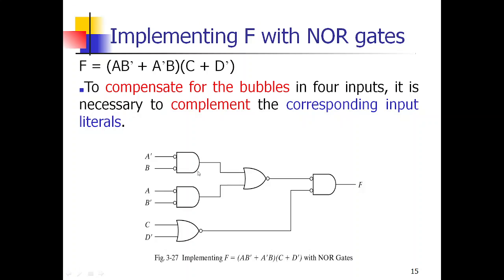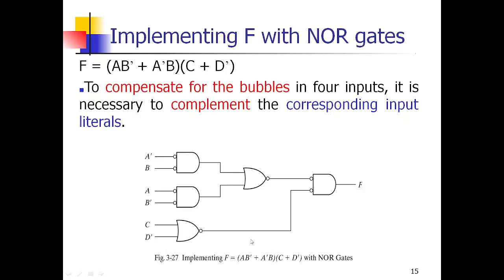This gives the NOR gate. And if we have a product term, it can be represented with the invert AND symbol by making the input literals complemented. So this is one way of representation.